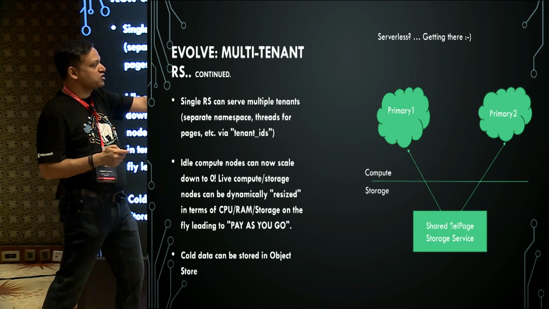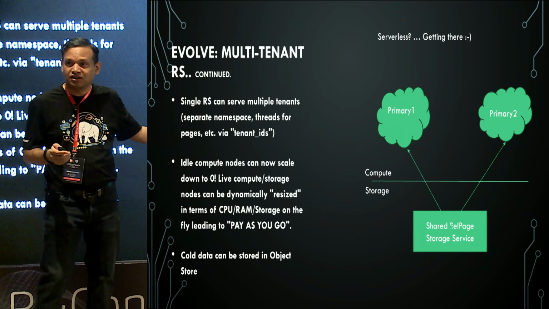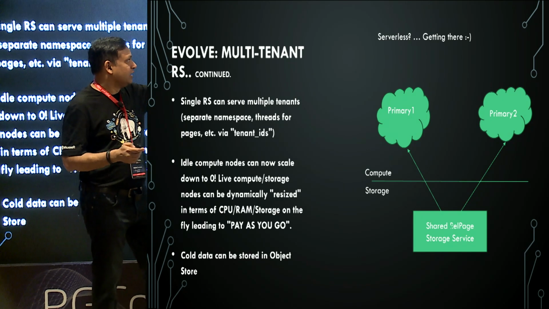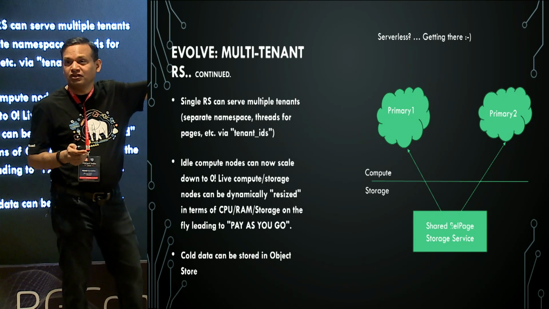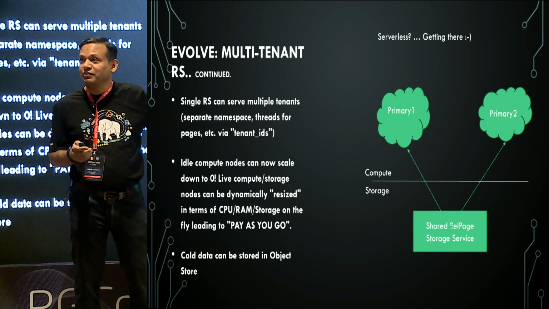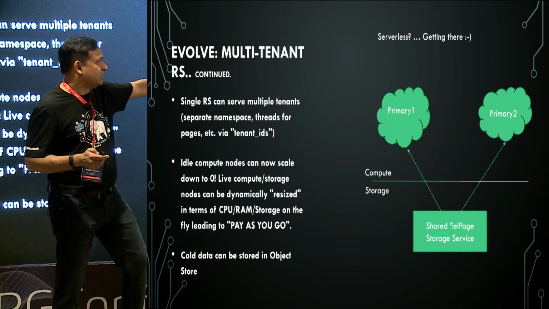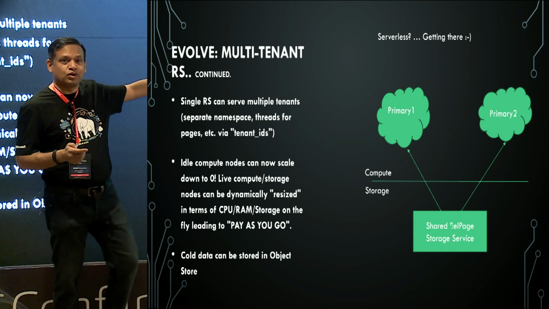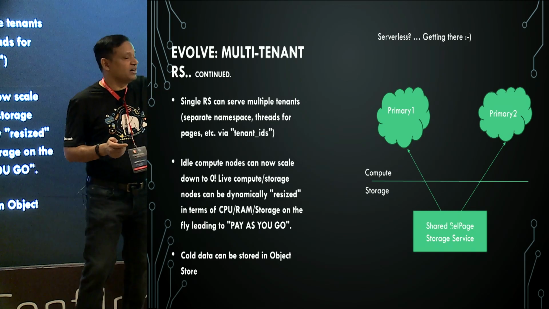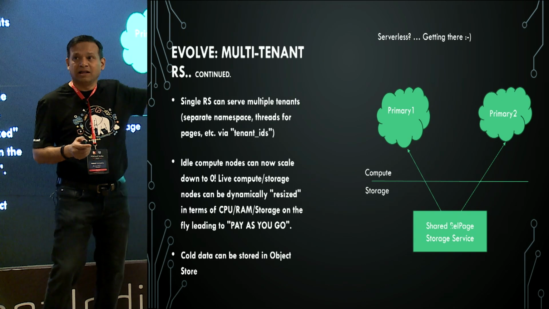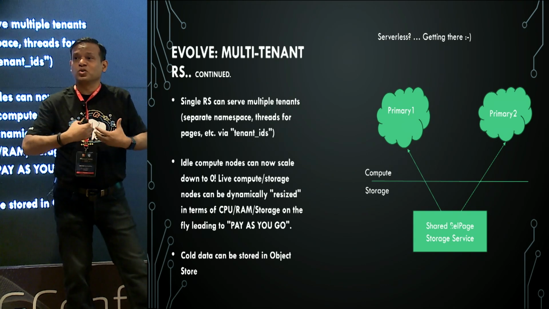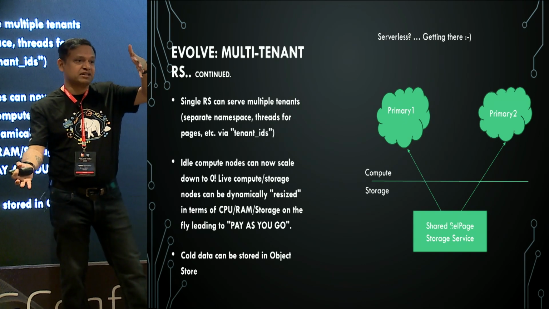Now it's possible that once you have this rel page storage service, you could actually have multiple primary nodes using that same page server. This is what is multi-tenancy. You could have a unique tenant ID for primary 1, and another tenant ID for primary 2, and all the pages for those tenants are within that namespace in the page server.